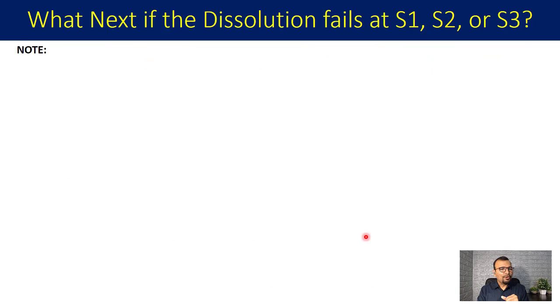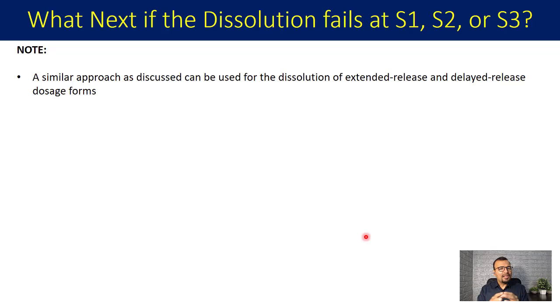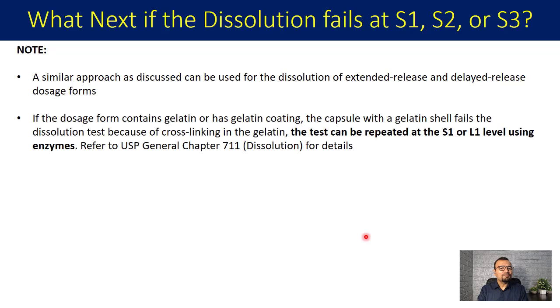A very important note to understand: a similar approach as discussed can be used for dissolution of extended release and delayed release dosage forms. So this approach is not only applicable for immediate release, but also for extended and delayed release dosage forms.